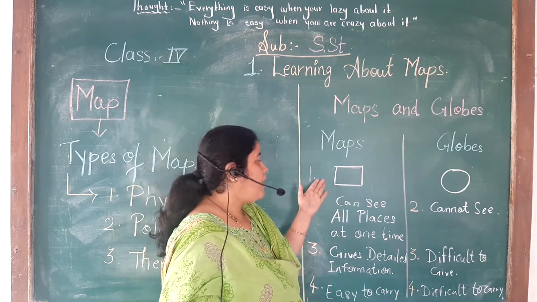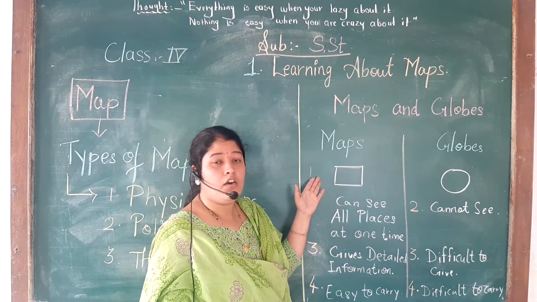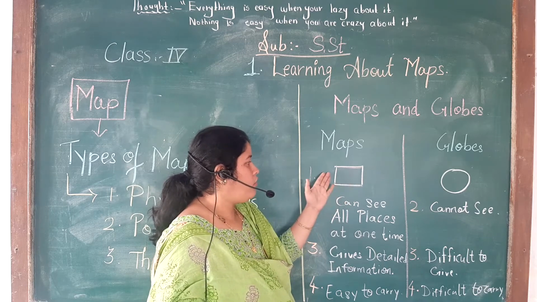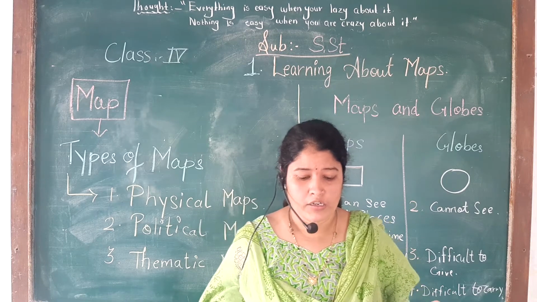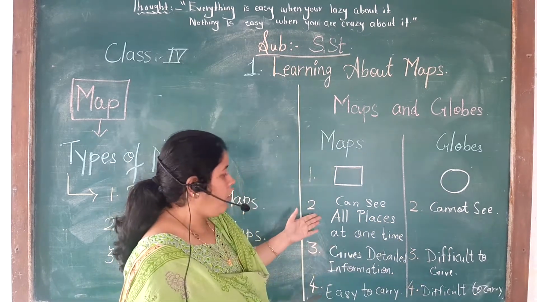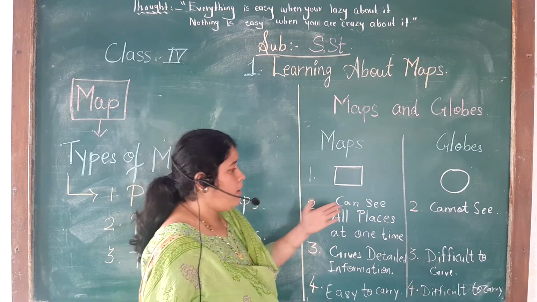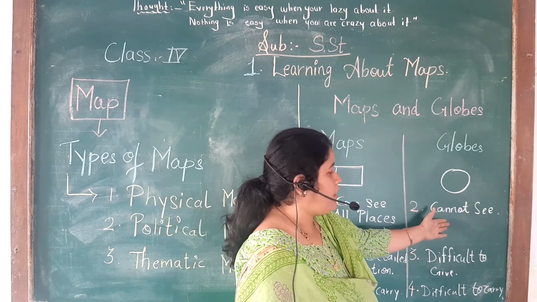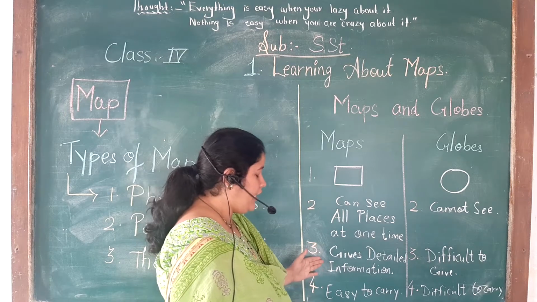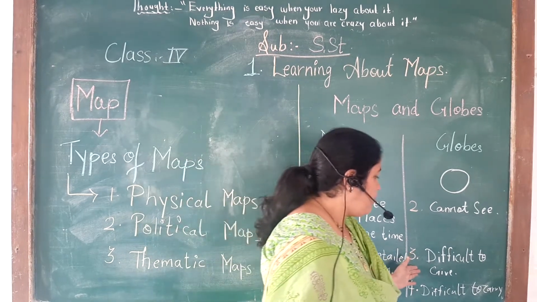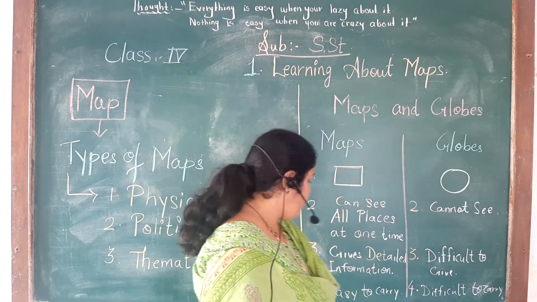What is a map? A map is a drawing of the earth on a flat surface. A globe is a spherical model of the earth. You can see all places at one time on a map, but you cannot see all places on a globe at one time. So a map gives detailed information, and it becomes difficult on a globe to give detailed information.